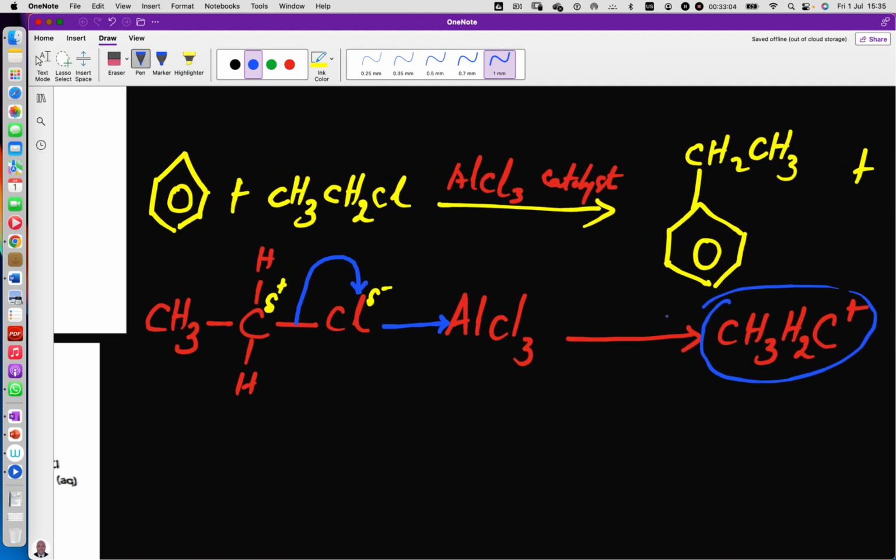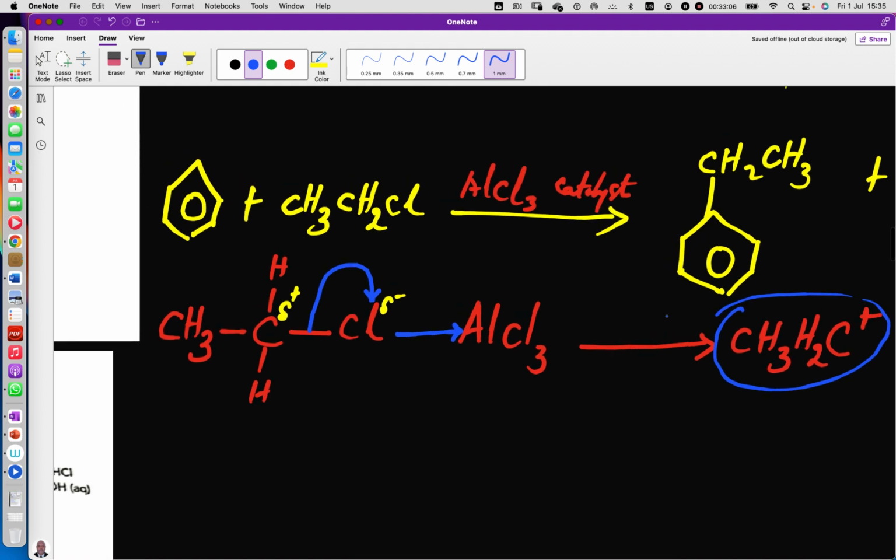A carbocation. Now, as I told you, in order to generate our electrophile, this bond here, the chloroethane, there will be a dative covalent bond between chlorine and the aluminum of the aluminum chloride.